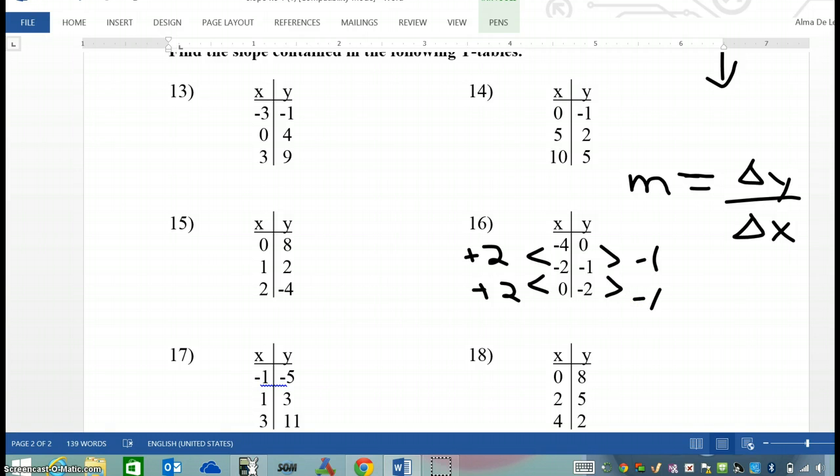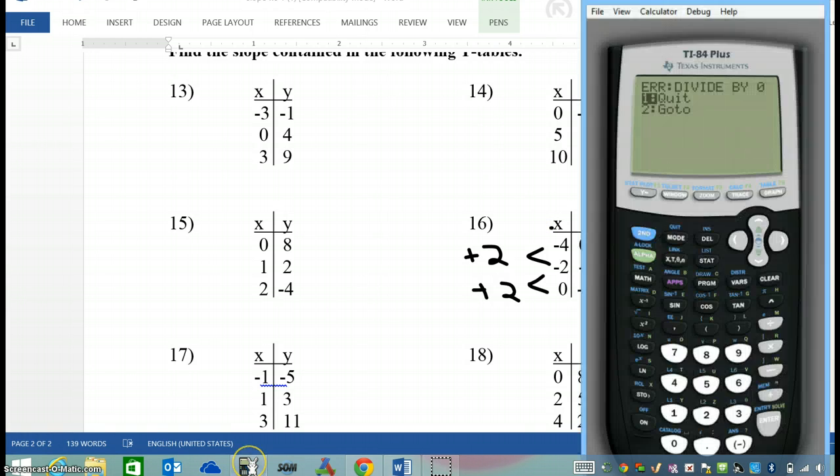Okay? And if you don't see these numbers right away, then put it in your calculator. Try it out. 0 minus 1 should give you negative 1. Negative 1 minus 1 should give you negative 2. Once you have those changes, to find the rate of change, we would do the change in the y, which is negative 1, over the change in the x, which is positive 2.